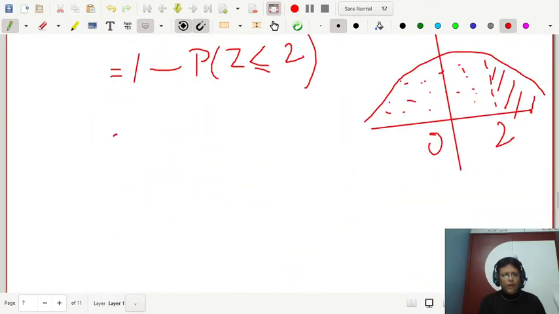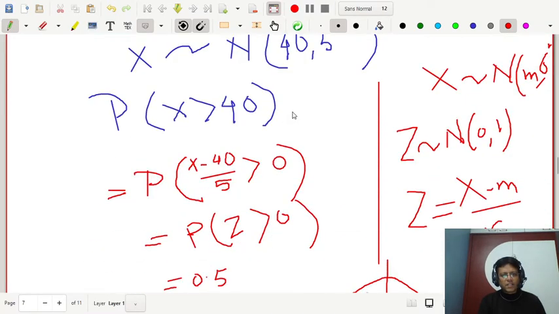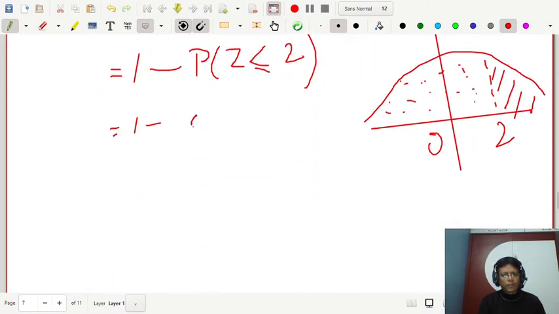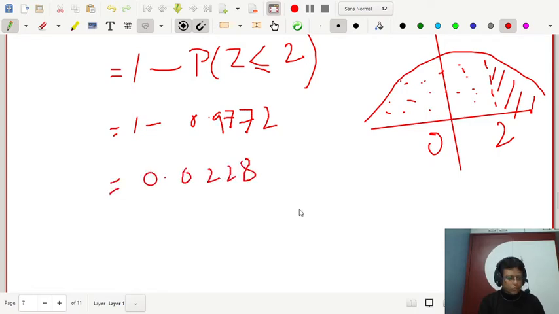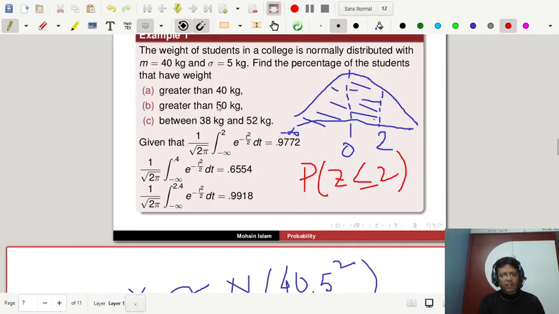So you can write 1 minus 0.9772, and if you calculate, it will be 0.0228. So if you take the percentage, 2.3% students will be having weight greater than 50.